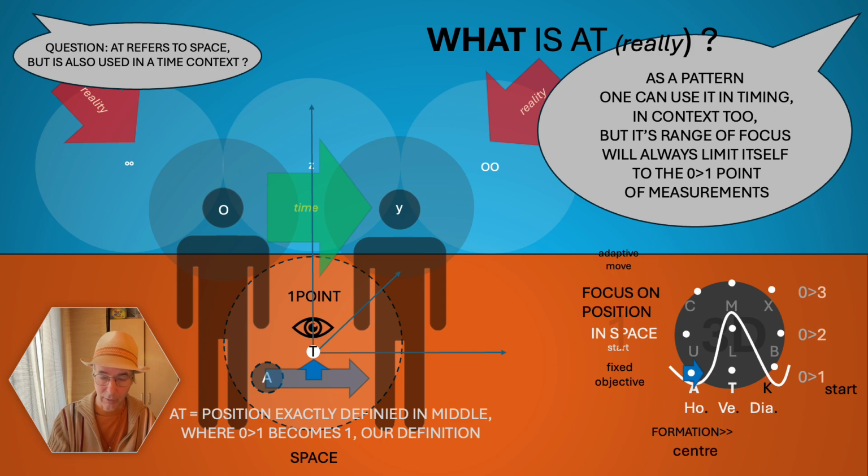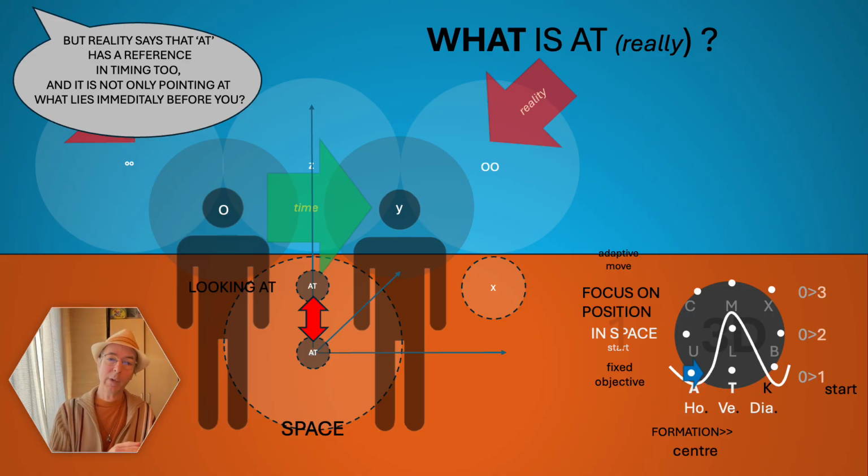I'm going to go to my definition of measurements. That's why it is related with space, not with time, not with context, although in the background they are available. So what's the real range then of at? You have that in the middle, but the t will also go up, and as long as I have here a range that I keep within the body of space, I have a middle somewhere.